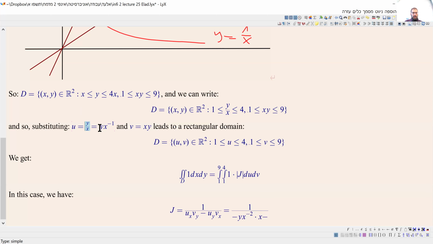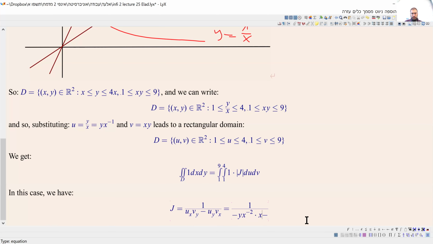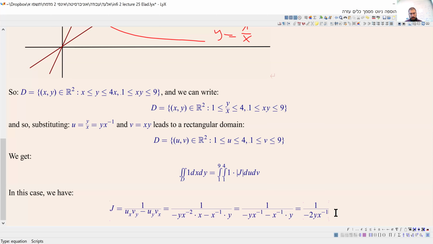Minus the derivative of u by y, which is x to the minus 1, multiplied by the derivative of v by x, which is y. That's x multiplied by x to the minus 2, just x to the minus 1. So we have minus y times x to the minus 1 minus y times x to the minus 1, which is minus 2y over x.